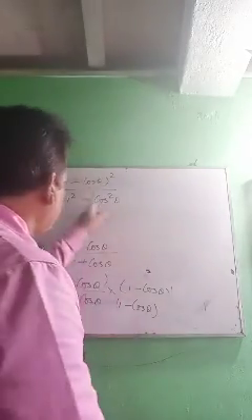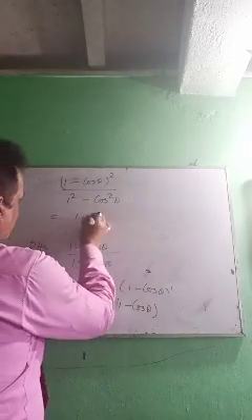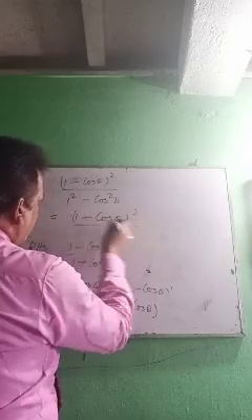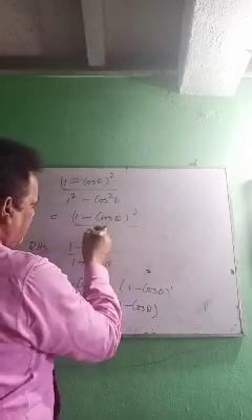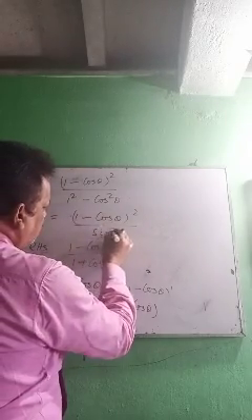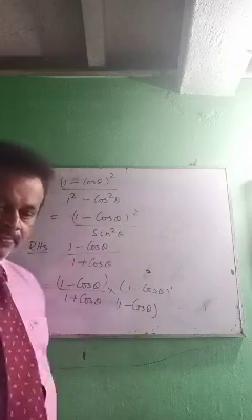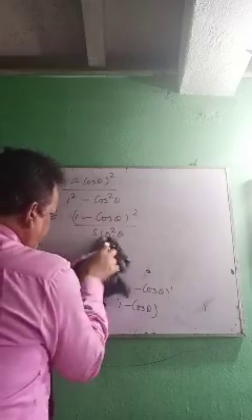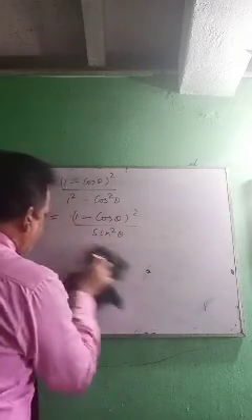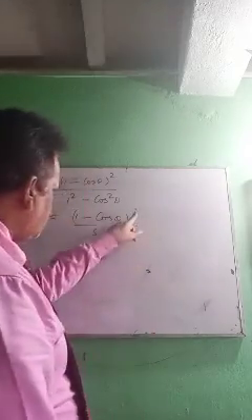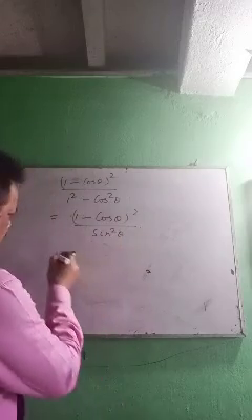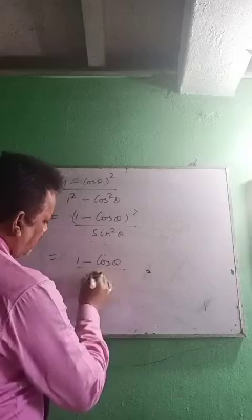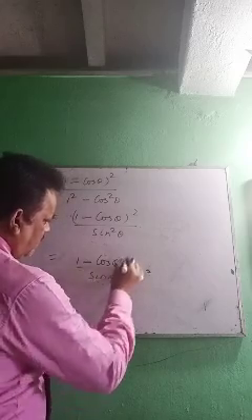Okay, so this became how much? 1 minus cos theta whole square by, what is 1 minus cos square theta? The formula I have given you, sin square theta. So look here, this is also square, this is also square. So you can write 1 minus cos theta by sin theta whole square.